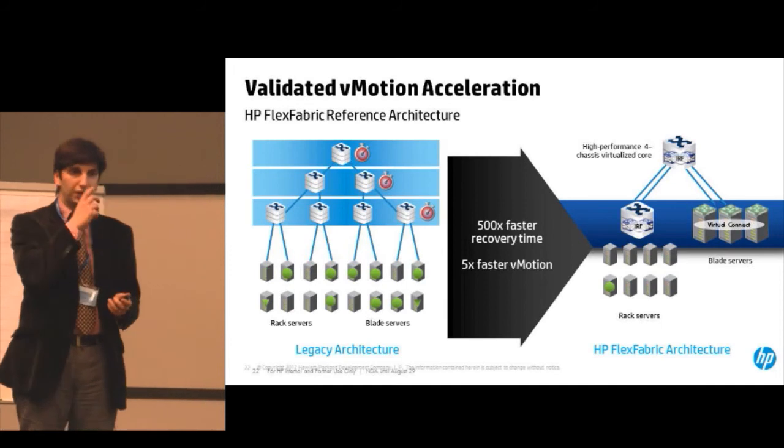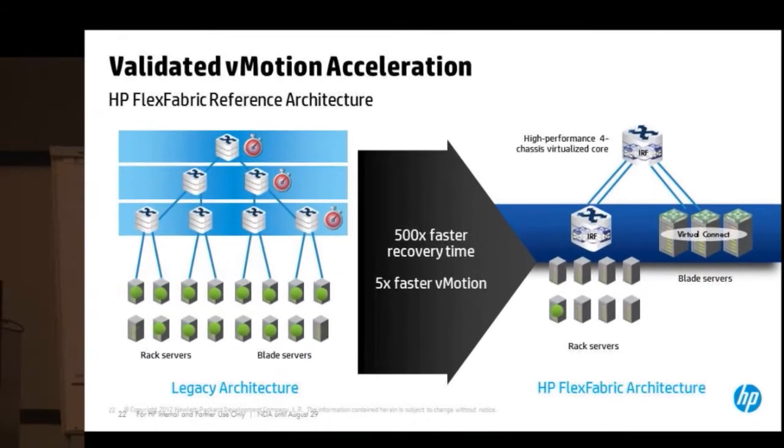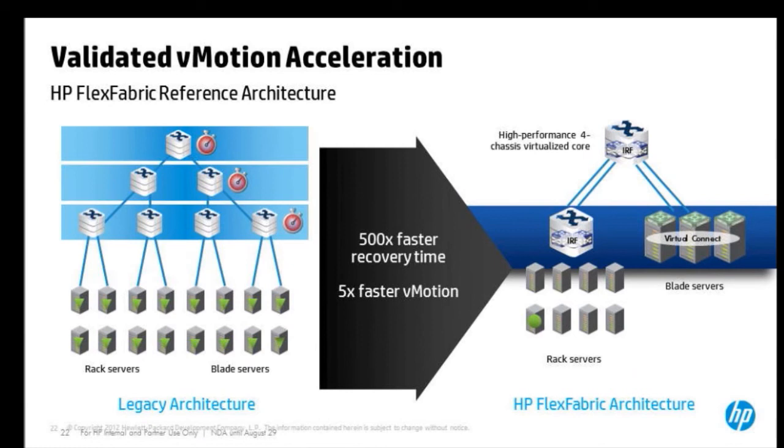This creates additional latency, and it's also not really good for the performance of your networking infrastructure. But when used in a Virtual Connect environment, potentially combined with the IRF technology which the HP networking guys provide, which allows you to create a fast mesh of multiple layer 2 switches, we can have a very flat networking design with a minimal number of hops between the servers. According to our tests, we really see a very big performance benefit from this.